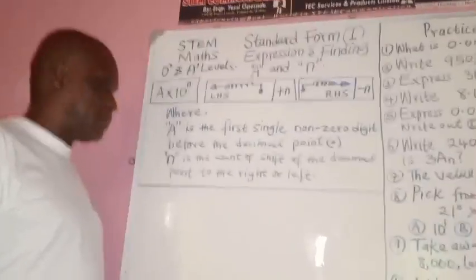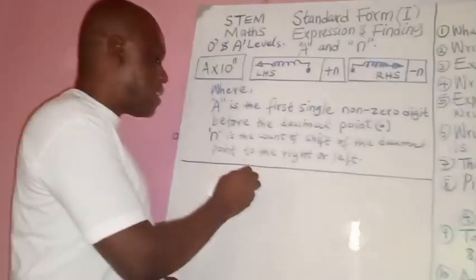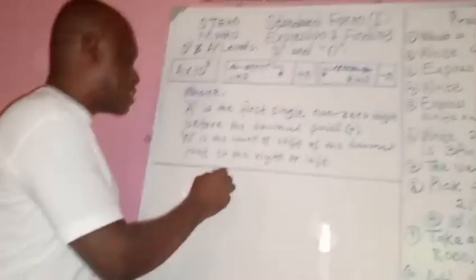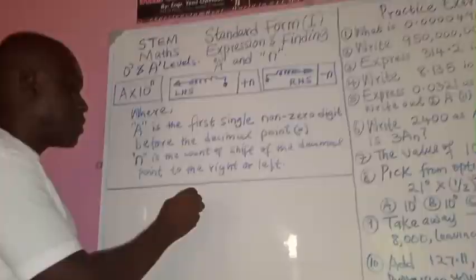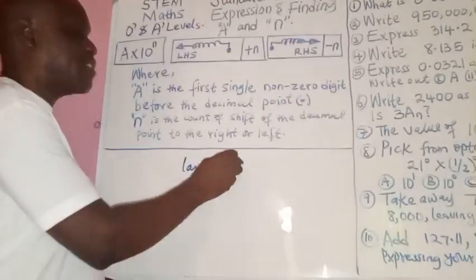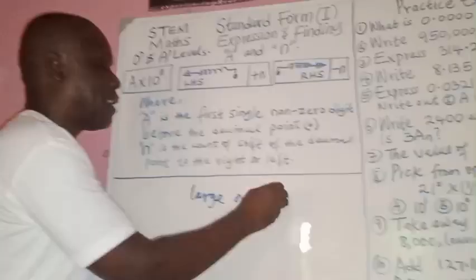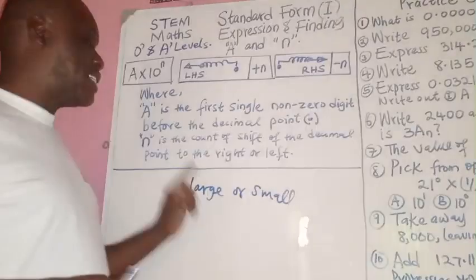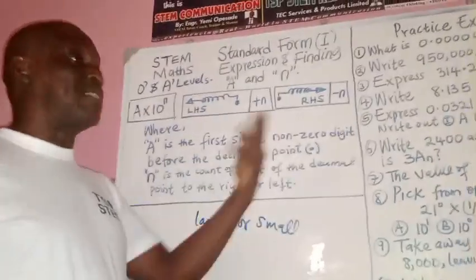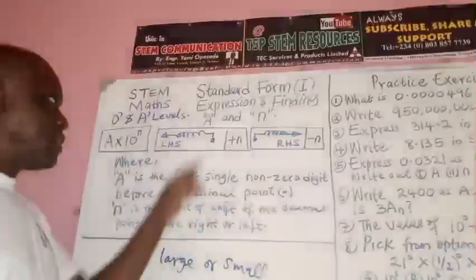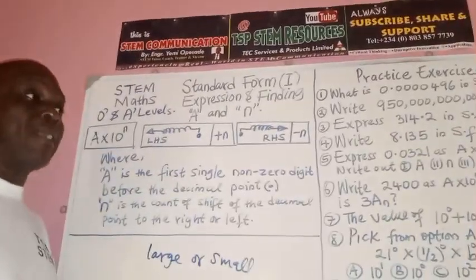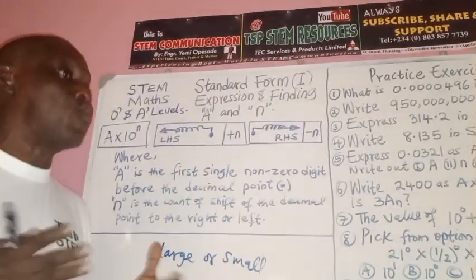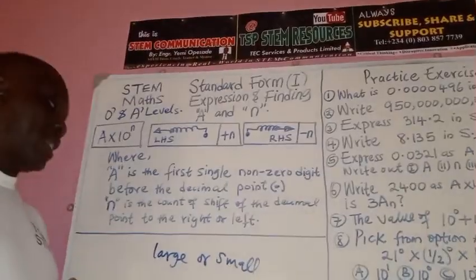One of them is that when you are dealing with extremely large or extremely small numbers in the count of multiples of 10, then you need to use standard form. Otherwise, the numbers will be too large and too cumbersome for you to handle.